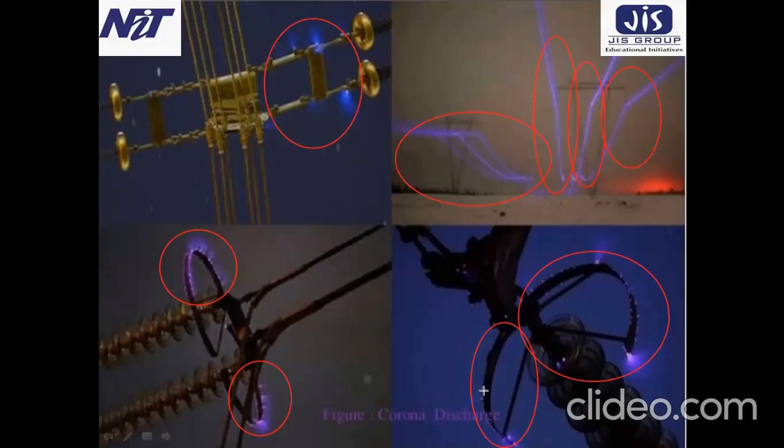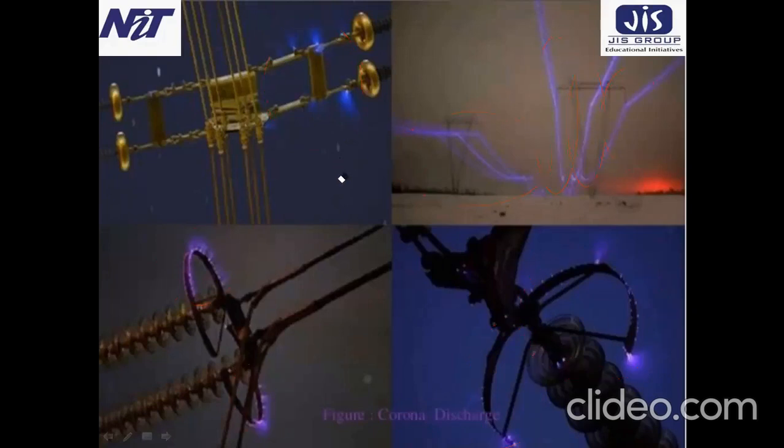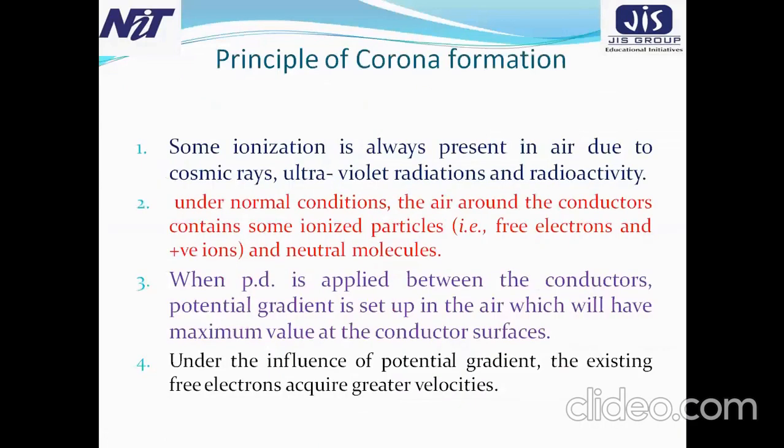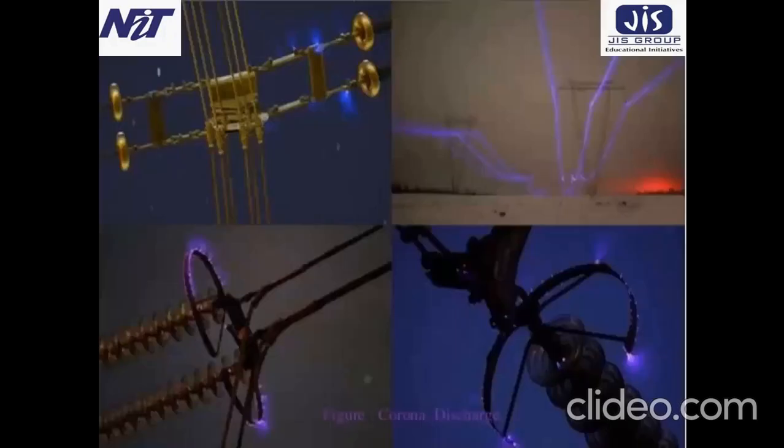Now move to the next slide. The previous point was the principle of corona formation, how the corona is formed from the overhead transmission line. This is the figure. It's a very good and very important figure.